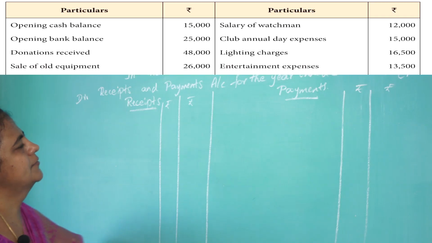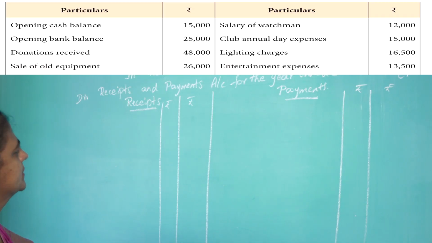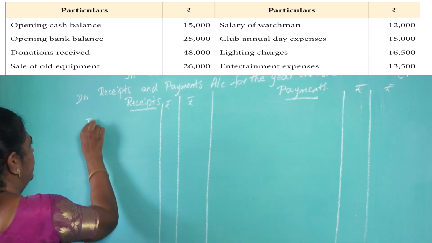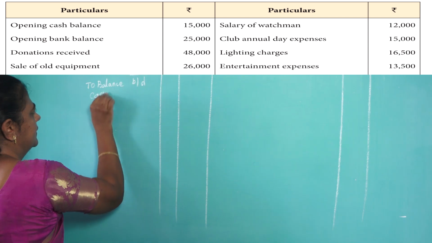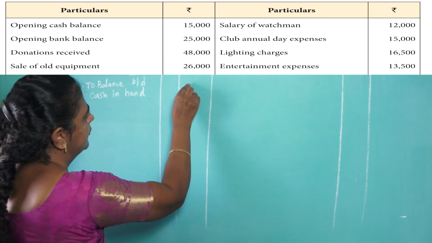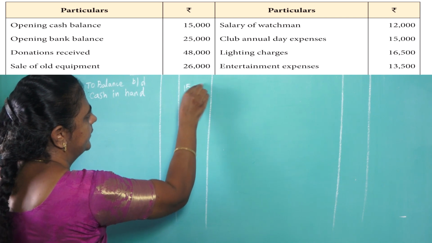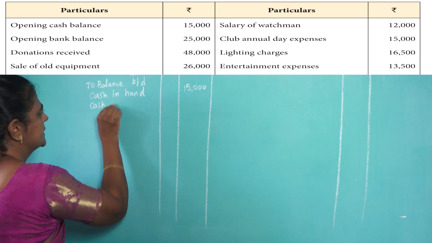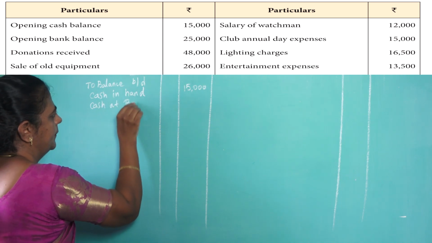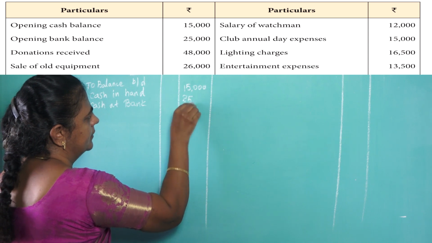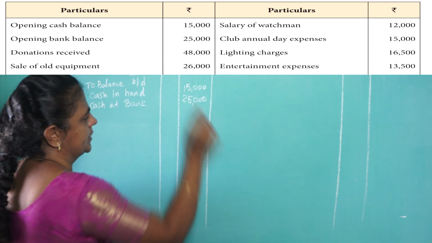The first item is opening cash balance. The opening balance will be on the debit side. So here you write, to balance brought down, cash in hand 15,000, cash at bank, that is also opening balance, 25,000.